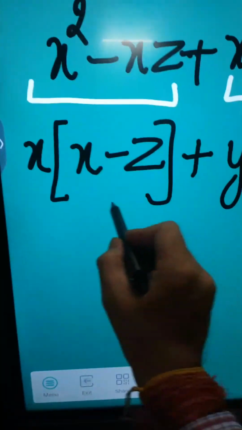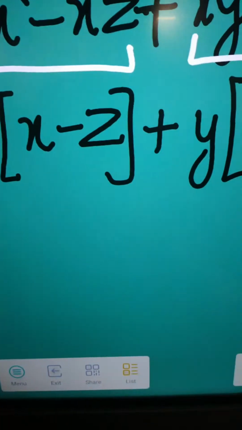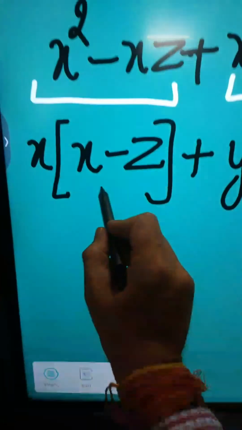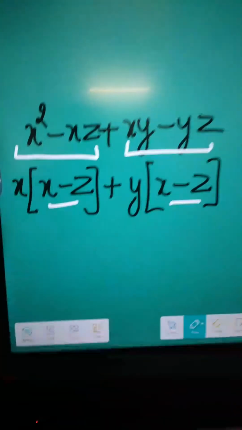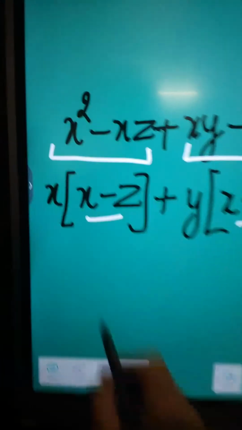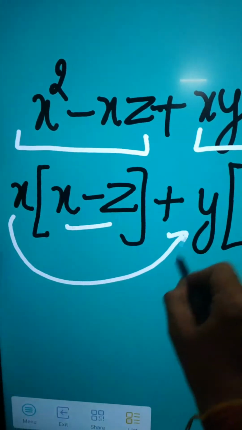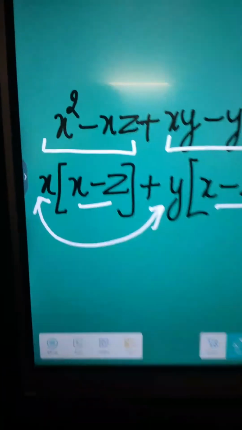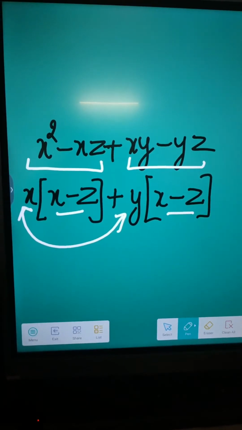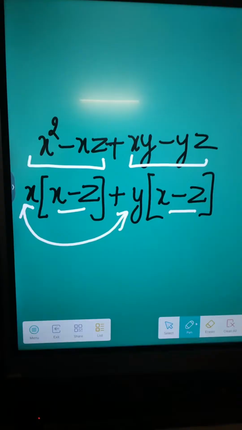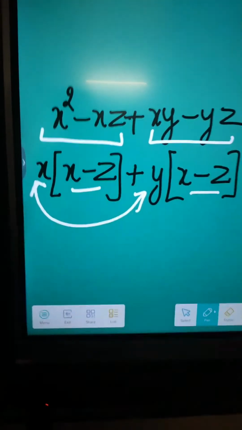So now the answer will become this bracket and this bracket. See, they are the same. And the other two terms will become one factor. So x minus z is common in both the brackets, and x plus y is also common.